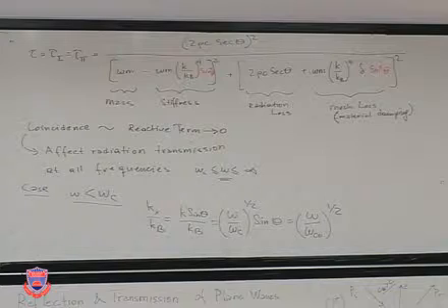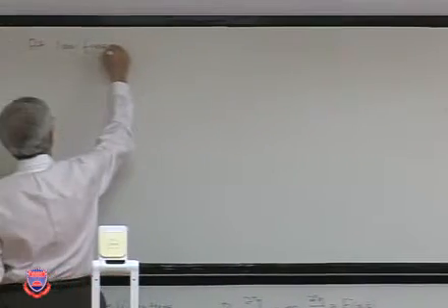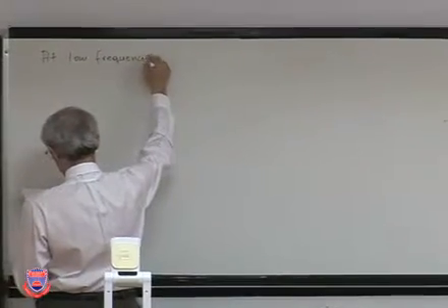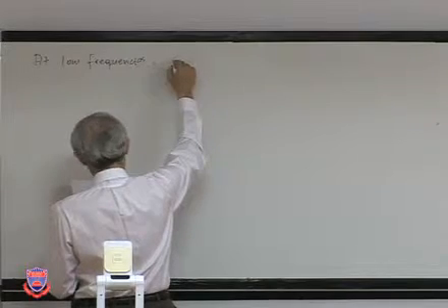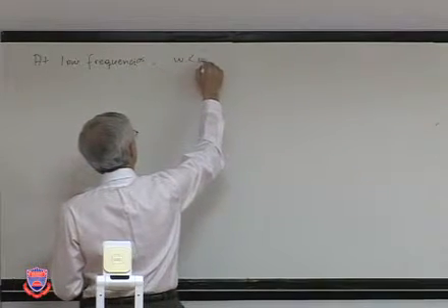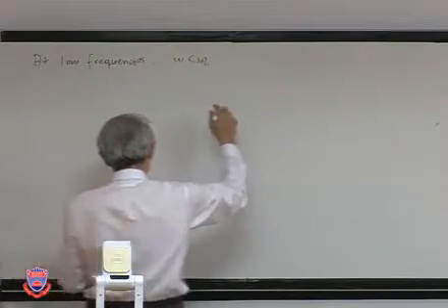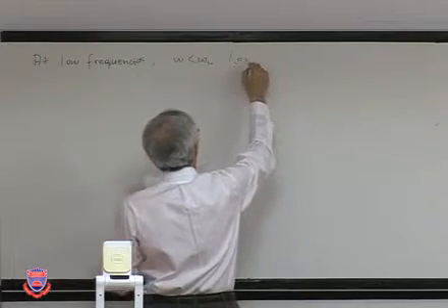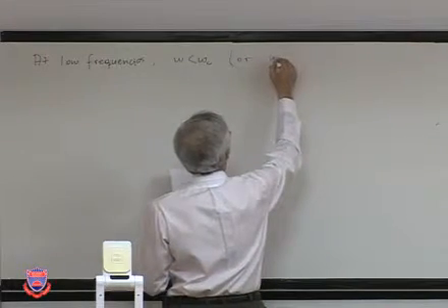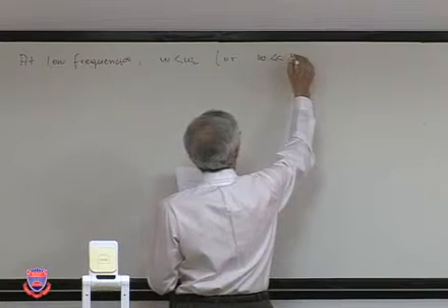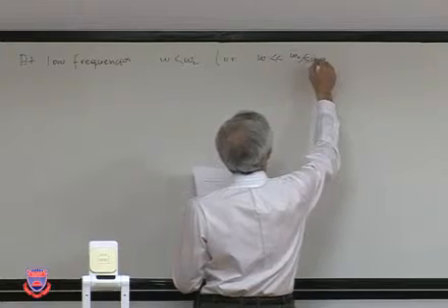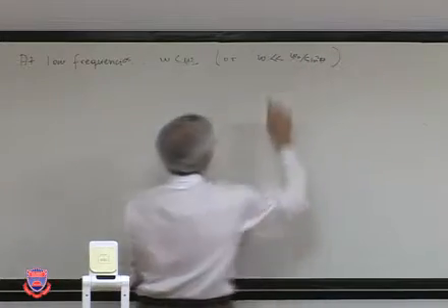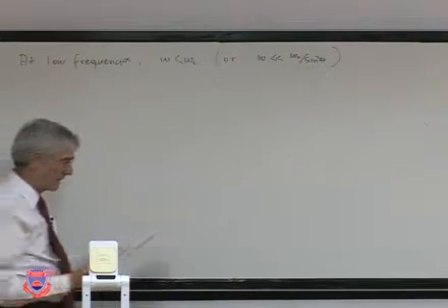So at low frequencies, such that we are below the coincidence frequency, or omega is much less than omega c over sine theta squared, and omega c is critical frequency.